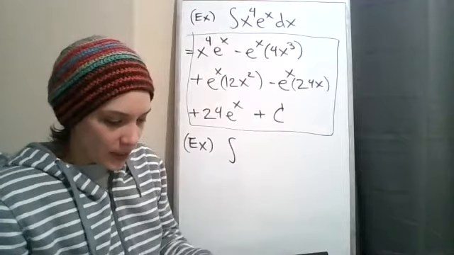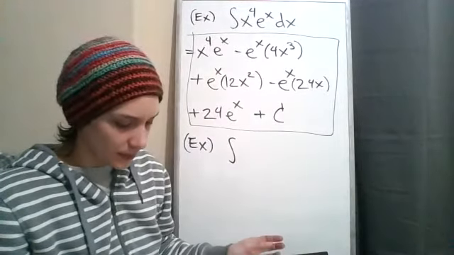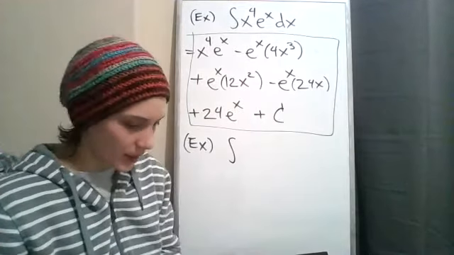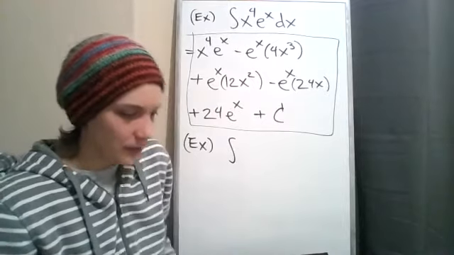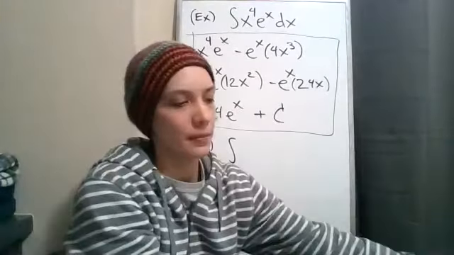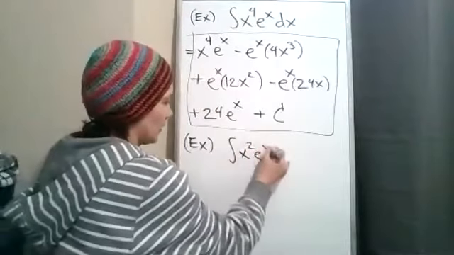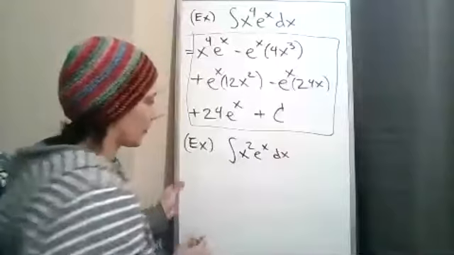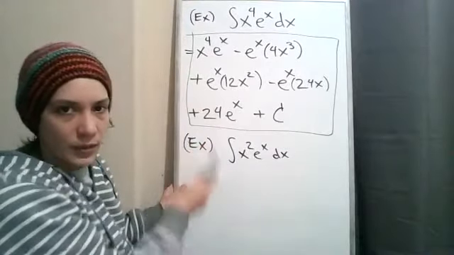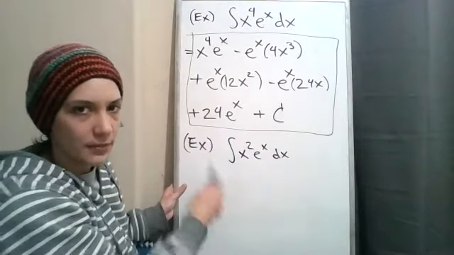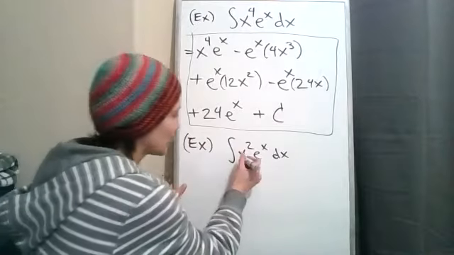I think we'll do x squared times e to the x. It's probably one of your homework problems, or will be on the homework, but that's okay. So instead of doing that shortcut, we'll just actually work through the problem to see, and maybe we'll do the shortcut as well to see that we get the same answer.